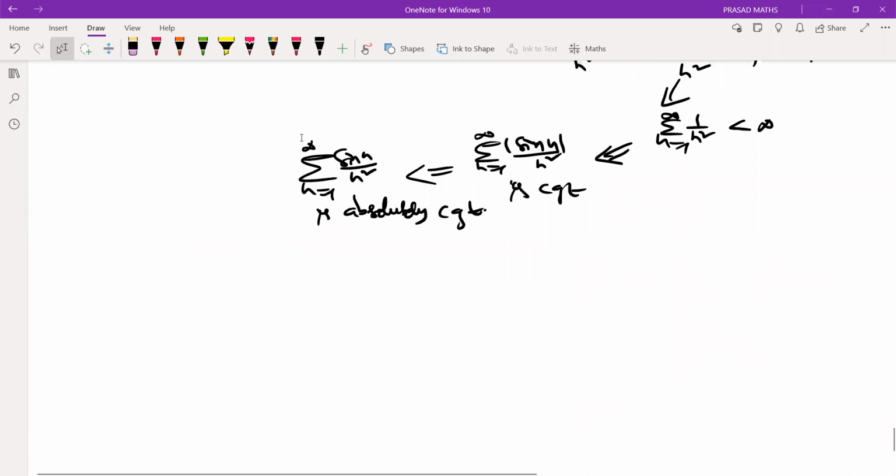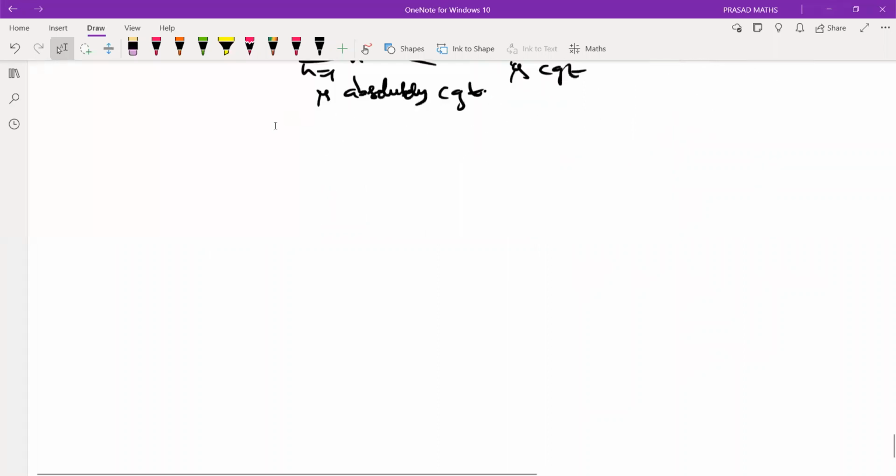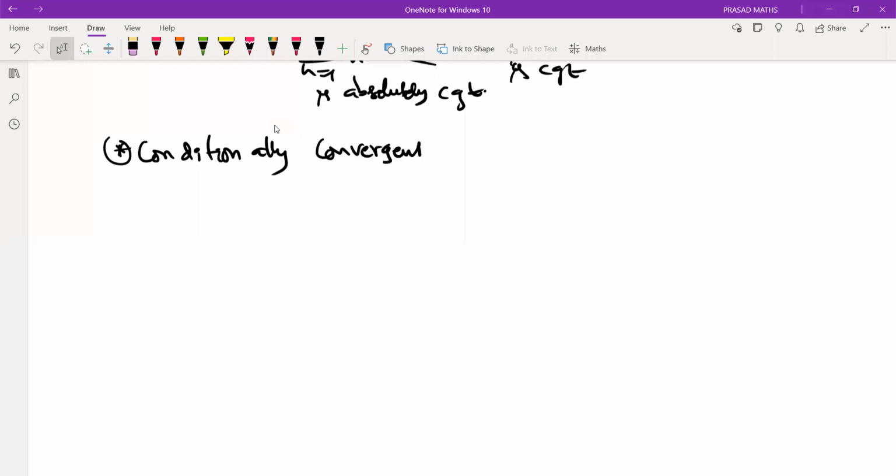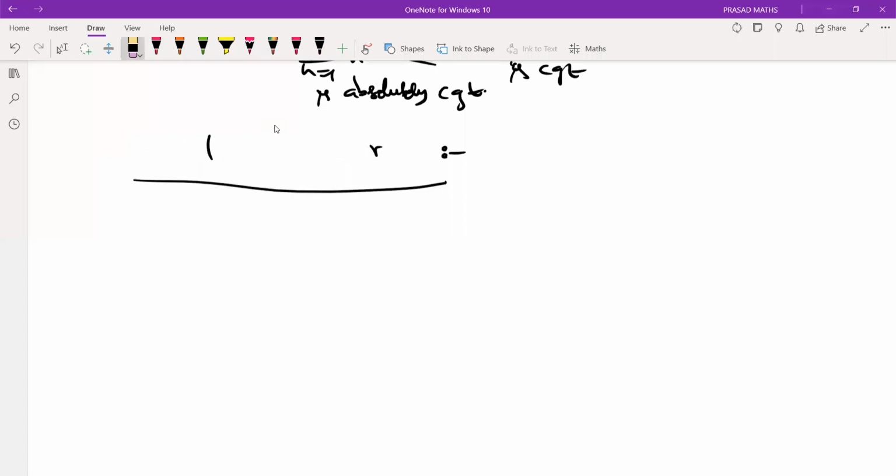Next is conditionally convergent. Before going to conditionally convergent, you need to know the relation between convergent and absolutely convergent.